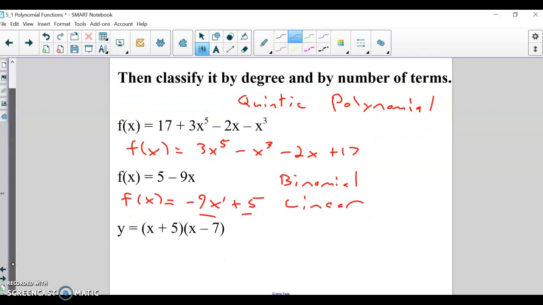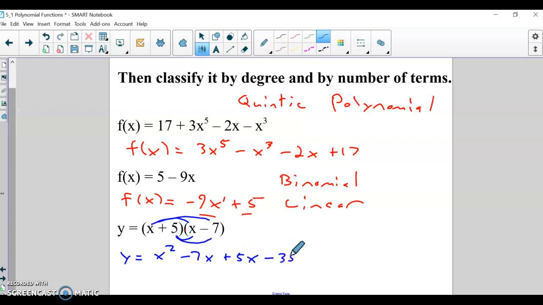All right, last one, they do this from time to time to make it a little tricky. These look like linear terms, but it's actually not considered linear, because if you simplify it a little bit by FOIL, you'll get an x squared. So before you do anything else, you should actually FOIL it out, multiply all the different parts together. That's what it means when you have 2 things next to each other like that.